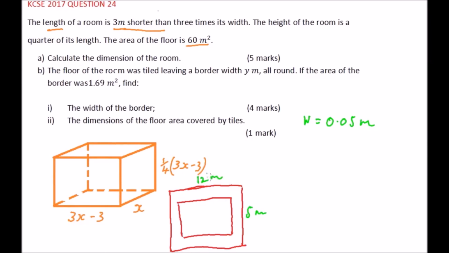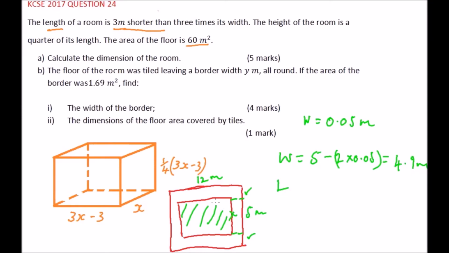So the dimensions of the area covered by the tiles, which is the area we are interested in, if we divide that into sections, this side here will be 5 minus the two widths of the border, that is this part and this part, so 2 multiplied by 0.05 in brackets, and that will give us 4.9 meters. So that is the width.